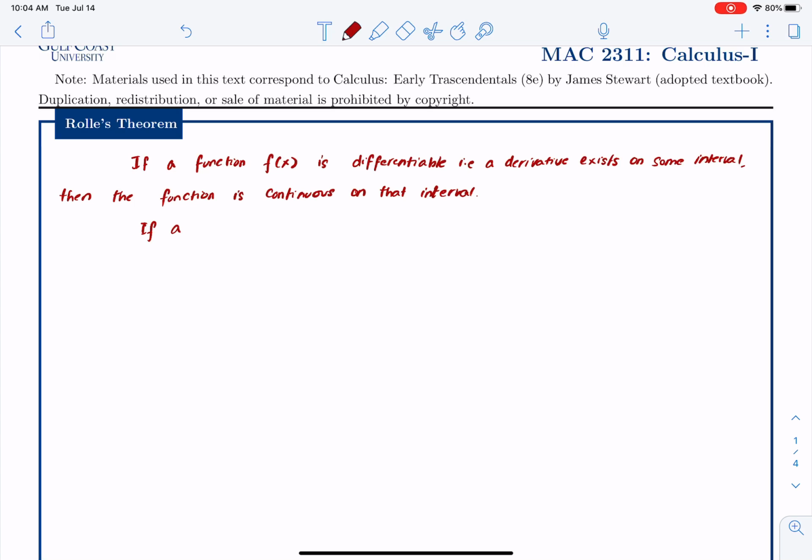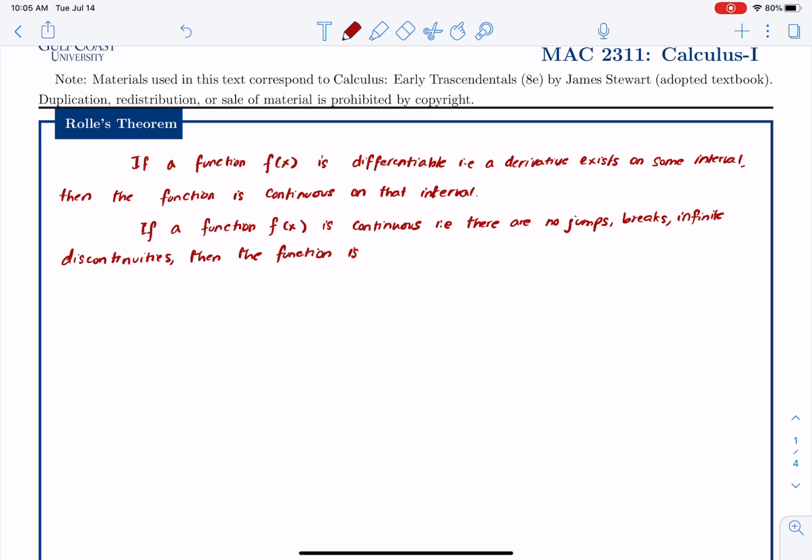So, if a function f of x is continuous, that is, there are no jumps, breaks, infinite discontinuities, then the function may or may not be differentiable on that interval.